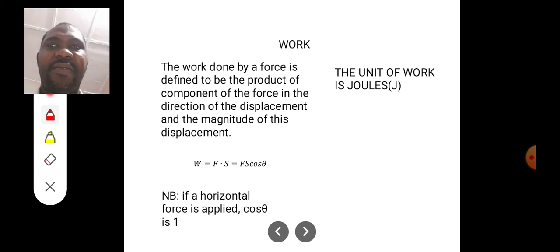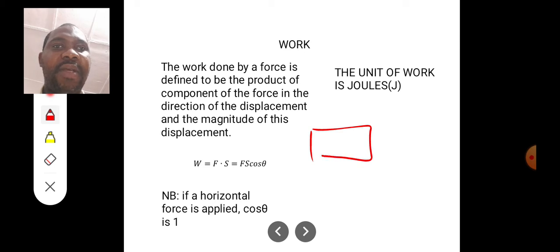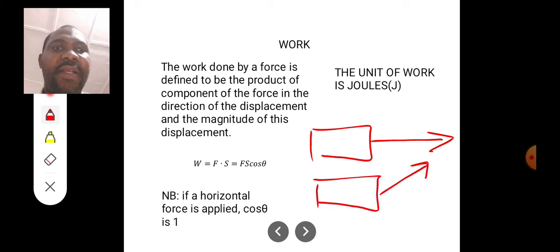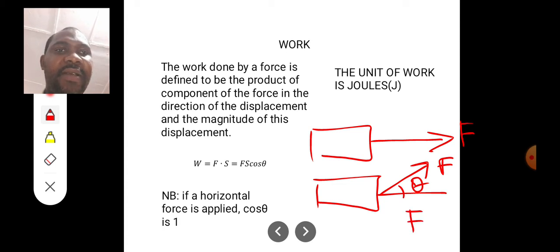Let me give you an illustration here. Let's say we have this, and the force we applied is a horizontal force. So it means that there is no angle. Initially, when it is at an angle like this, there is an angle theta. This is your applied force F. So in this second case, that is where work is Fs cos theta, force times distance times cos theta.